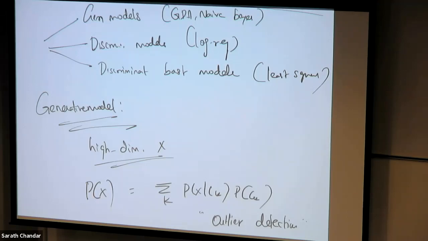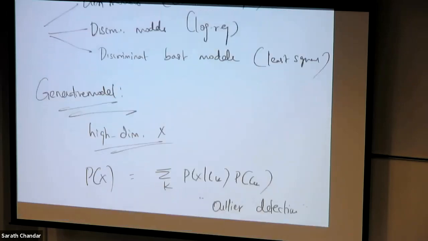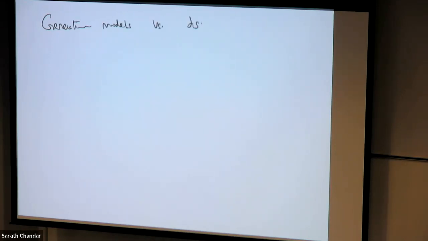Okay. Now let's try to compare generative models and discriminative models. Okay. Now, if our goal is just to do classification, if I say my objective is just to get better prediction performance, then probably you are better off just estimating P of y given x.